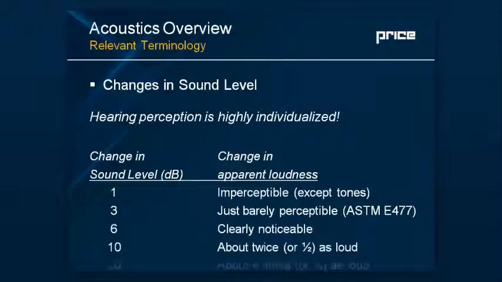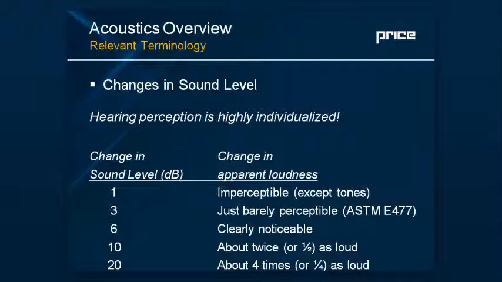If you have a 1 dB change, this is almost always imperceptible. It's worth pointing out that sound level meters have a tolerance of around 1 dB. You've probably heard the terms class 1, class 2, class 3. When you get to about 3 dB, this is where you can start to perceive some sort of difference.